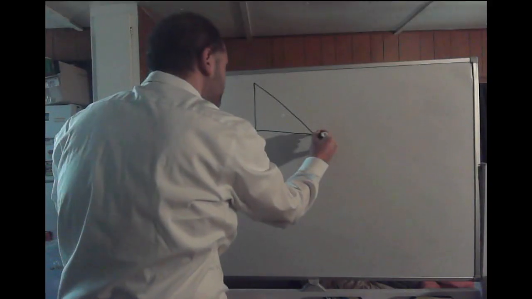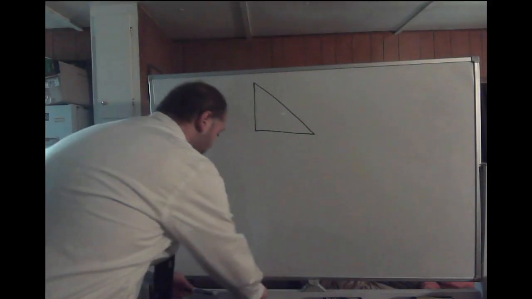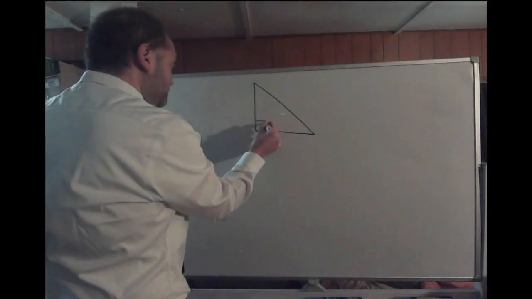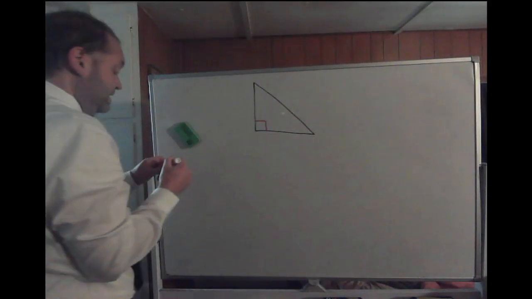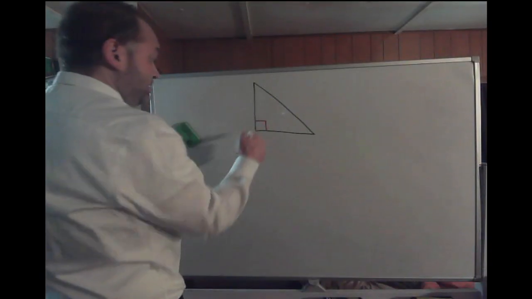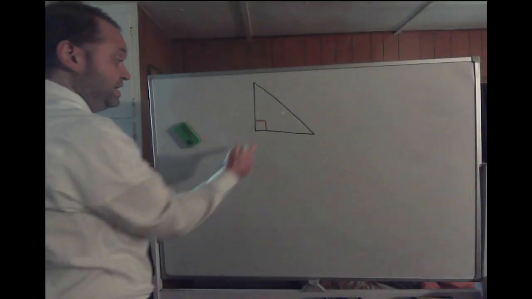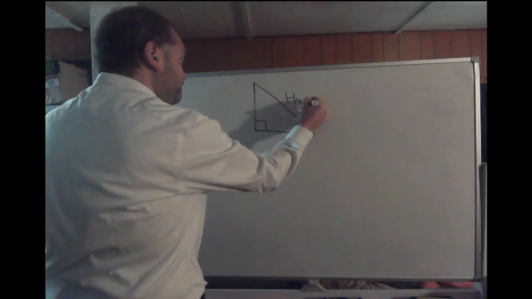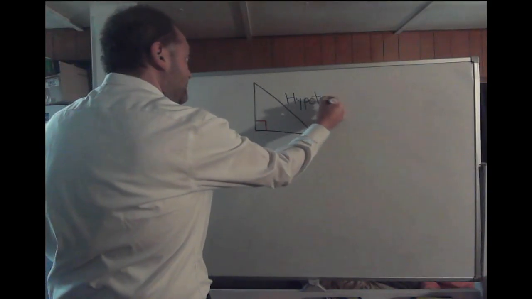Everyone by now should know what a right triangle is, I would hope. A right triangle simply has a right angle in it. Well, the side opposite the right angle is called the hypotenuse. That's always the side opposite the right angle.